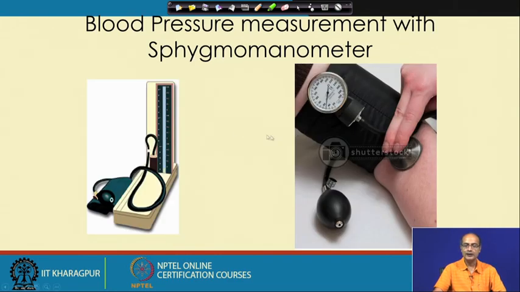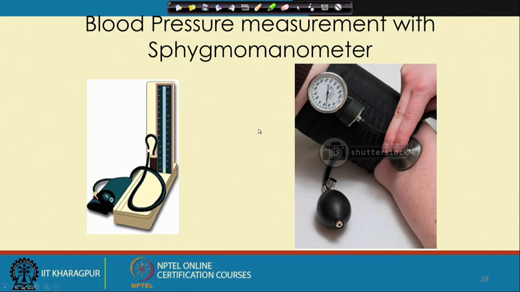Next, let us look at how we can measure the activity of this cardiovascular system. We said that there is a change of pressure, and there are two pressures the doctors talk about: one is the systolic pressure and the other is the diastolic pressure.